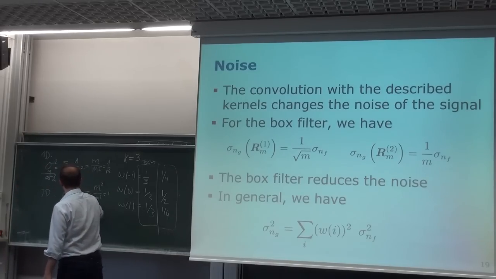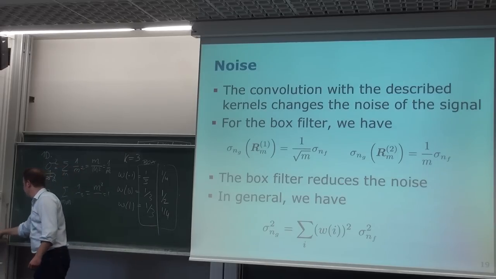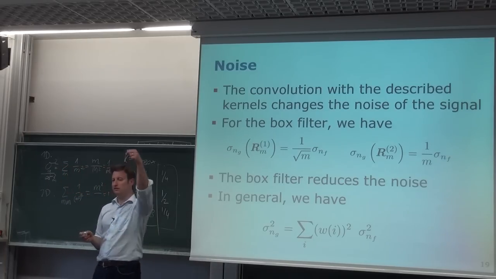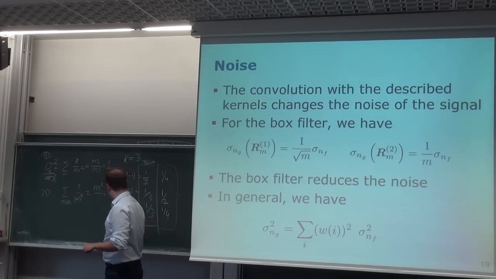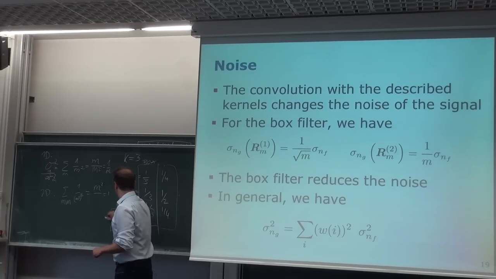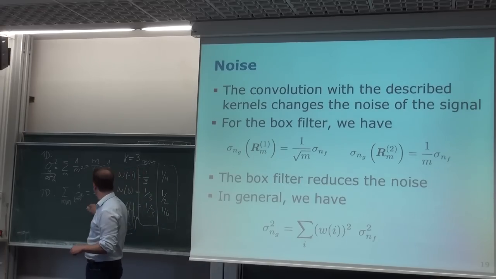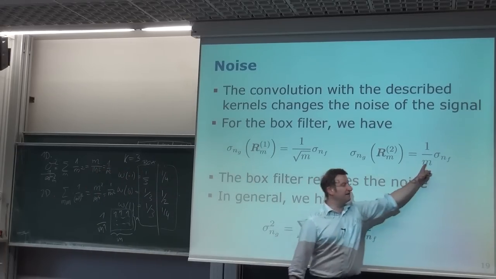The mistake was that this is not m squared, this is m squared squared, so m to the power of 4. Because every value of my grid is 1 divided by m squared, since I've added m and m. So it's 1, 1, 1, everything in 1, and I divide by m squared for the number of elements here and the number of elements here. So this is m to the power of 4 over m squared, so this is 1 divided by m squared. Compute the square root of that, and exactly, I have my factor 1 divided by m.